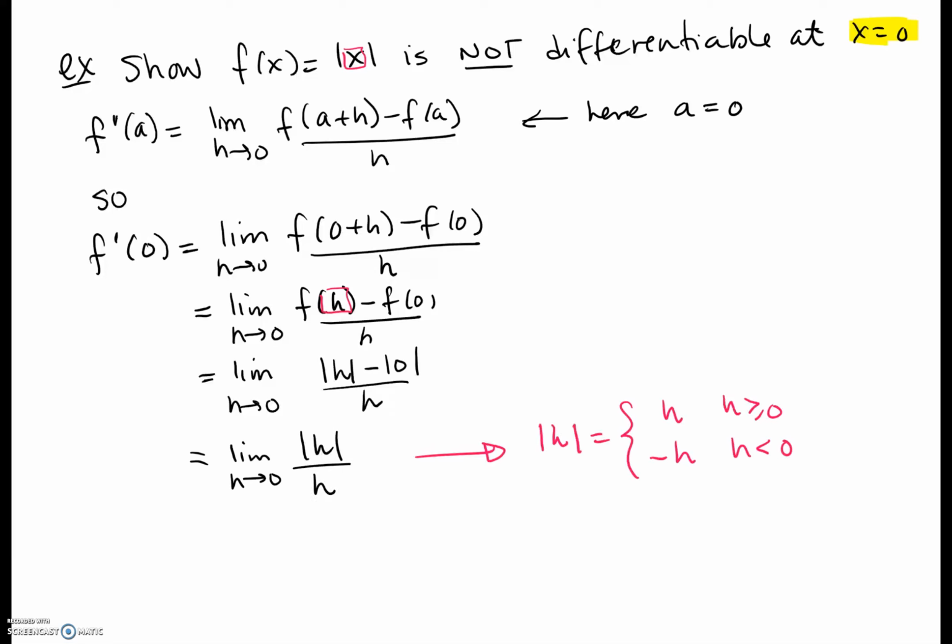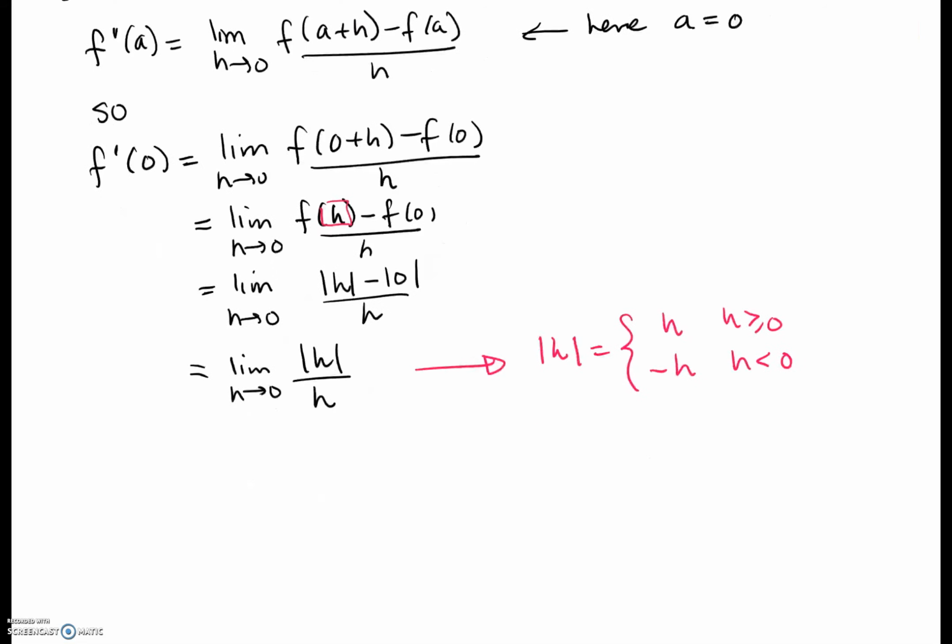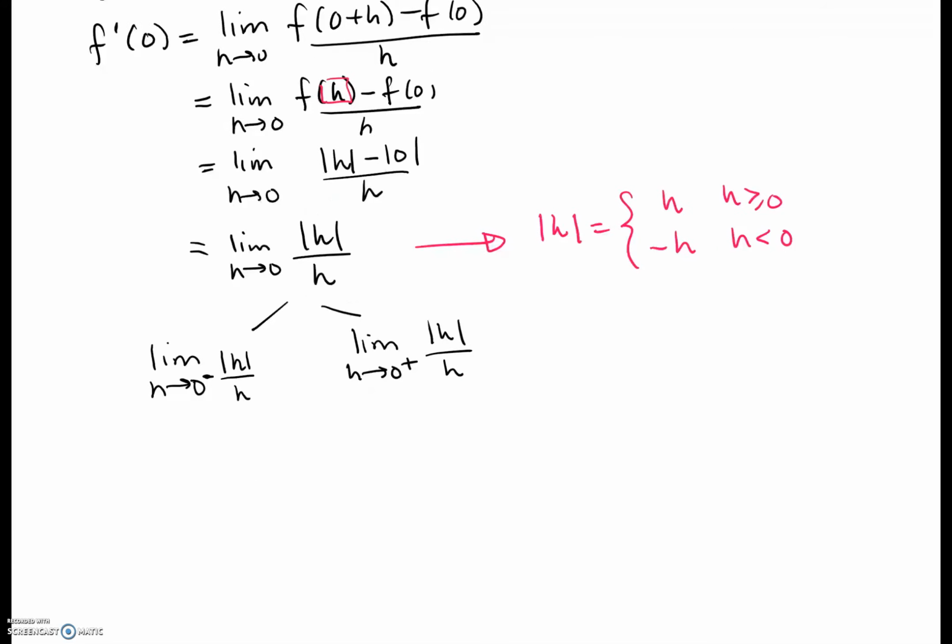Now we know what the definition of the absolute value function is, and in trying to analyze this limit, let's go towards 0 from the left and the right. And if I do that, I know from the left, I am going towards 0 from the negative side, so this is absolute value of h. So absolute value of h gets replaced with negative h because that's what it is from the left of 0.